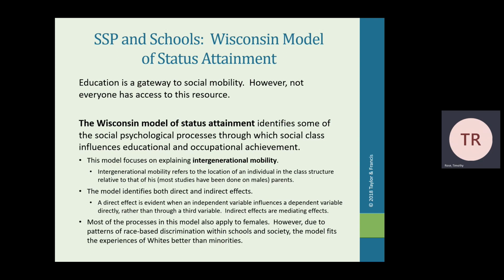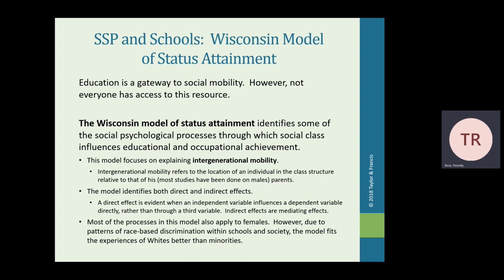As I've been hinting at, this model focuses on explaining mobility, but specifically something known as intergenerational mobility. Intergenerational mobility refers to the location of an individual in the class structure relative to that of his, and we say his because most of these studies were done on men, his parents.